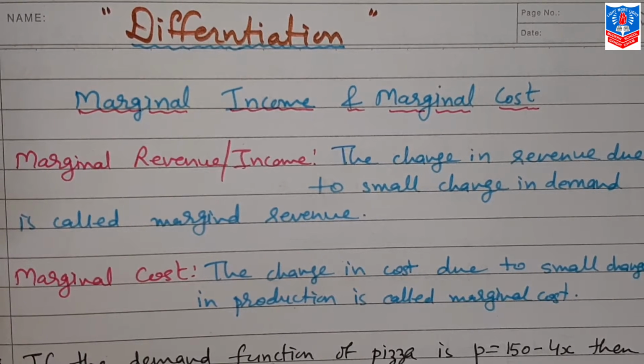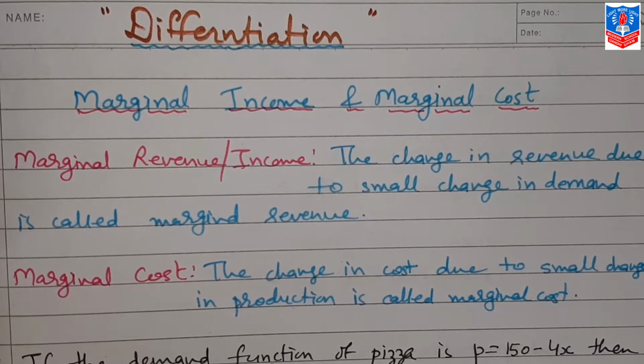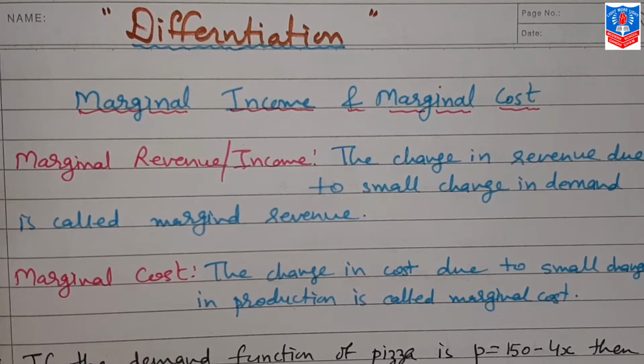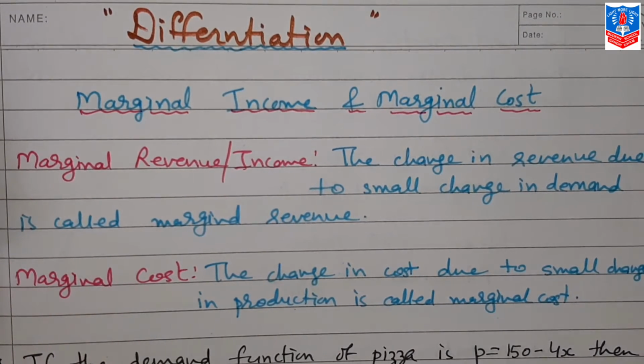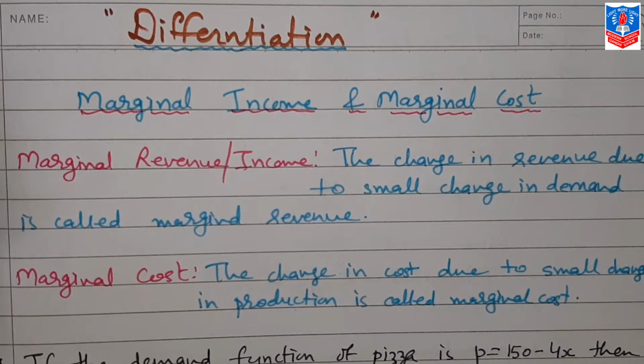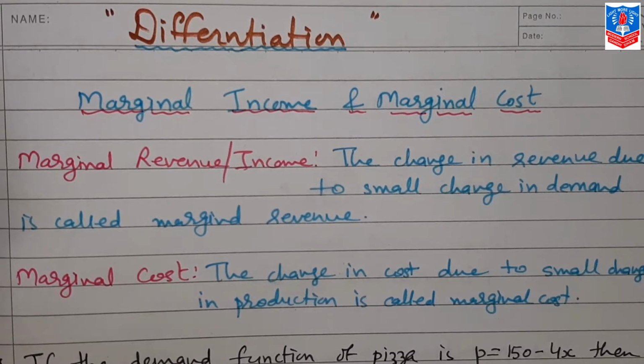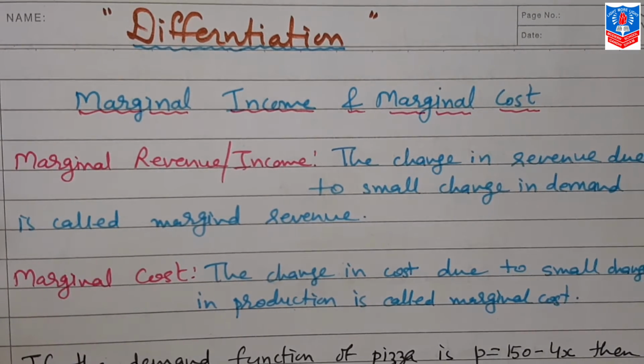In the study of economics, the relation between price and demand of a commodity can be represented as a function. If we denote the price of a commodity by P and demand by X, then we get the relation X is equal to a function of P, that is called the demand function.